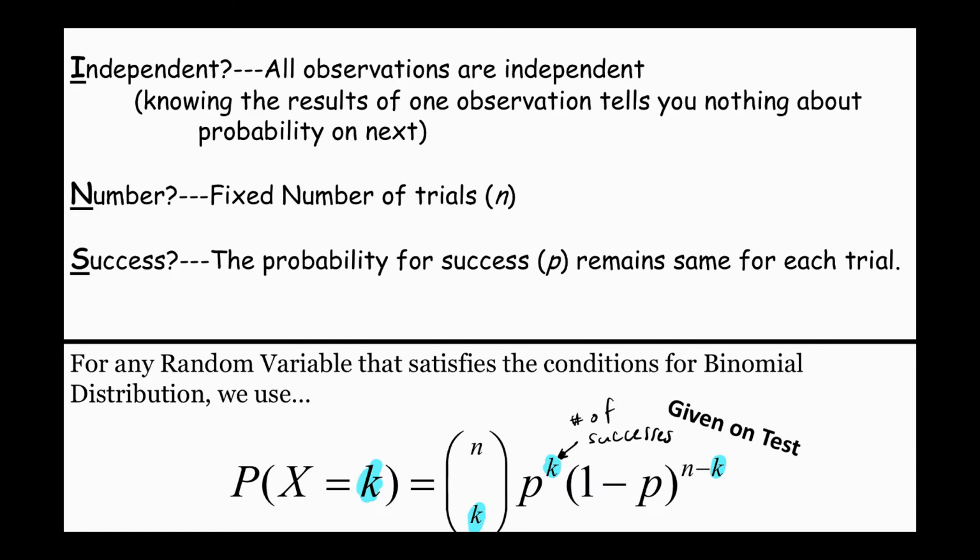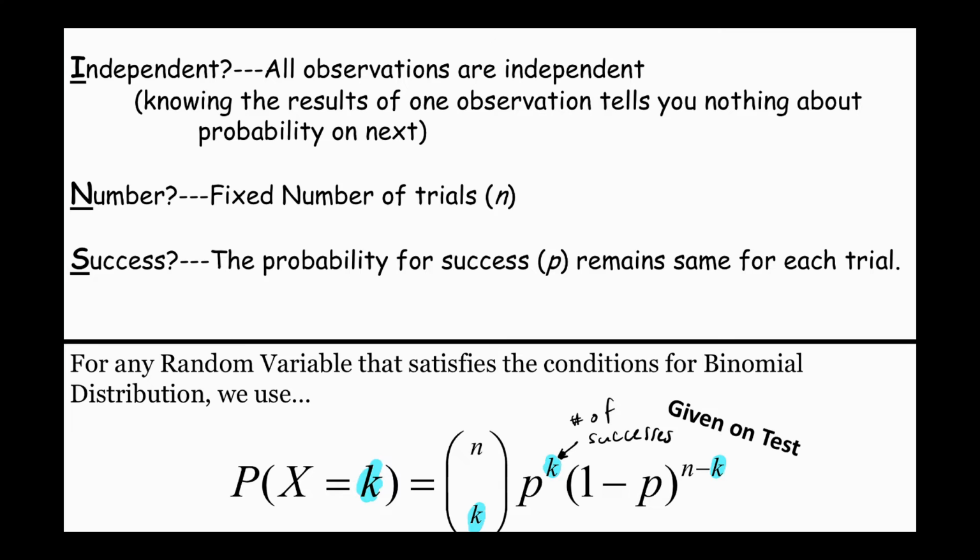So just because I didn't get picked the first time doesn't change my probability. Okay. Fixed number. There is a fixed number. What is the fixed number for a jury? 12. Yep. There are 12 people on the jury.